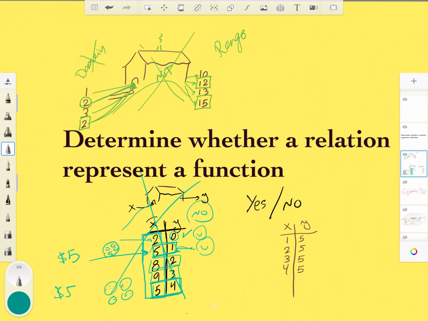The answer is yes, this is a function. 1 went to 5, 2 went to 5, 3 went to 5, and 4 went to 5. We don't care how, but if the output is repeated, we are okay. But the input should not repeat. So 1, 2, 3, 4, none of the numbers repeat. So this is a function.